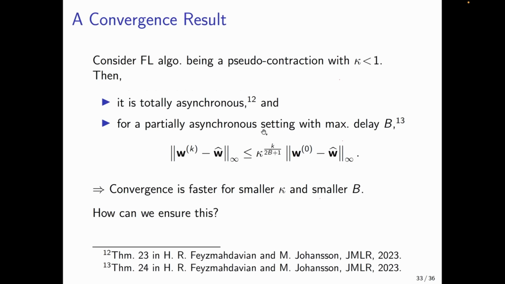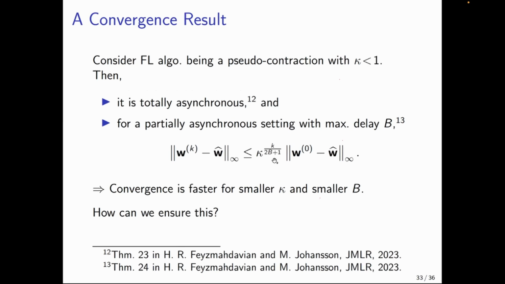And you can also work out explicit convergence rates in terms of the asynchronous measure. So you can tell how quickly these local model parameters of the federated learning algorithm converge to the solution of GTV minimization. And this convergence rate involves this asynchronous measure in a very natural way.